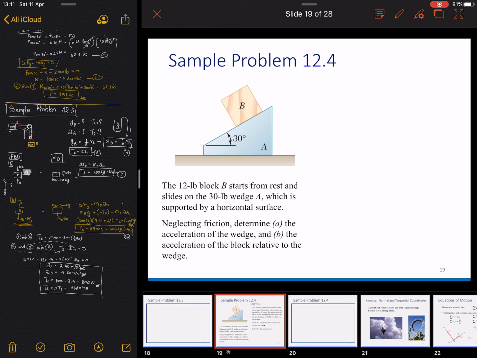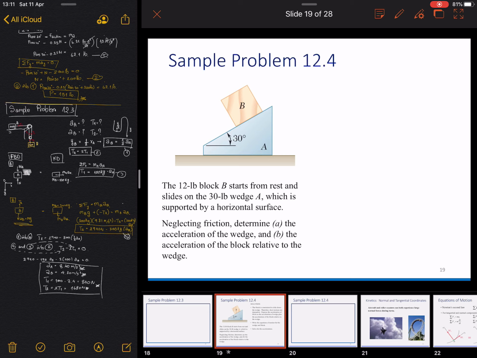So this problem, let's read through together. We have two boxes, and we have this box B on the top, and then we have the weight, 30 pounds, on the bottom. We call it object A, which is supported by a horizontal surface here.